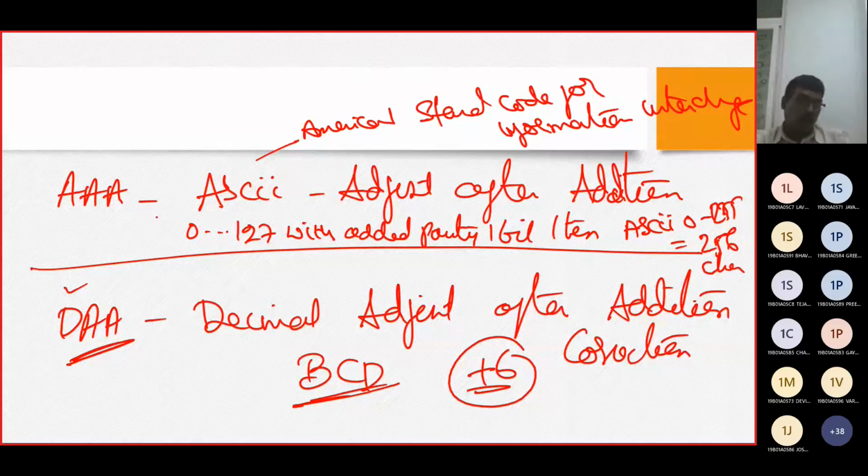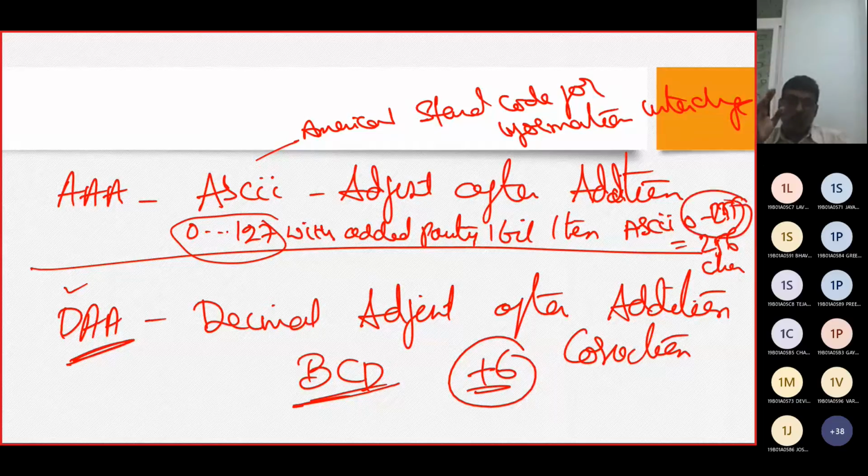So AAA, ASCII adjust after addition, is used to perform the addition on these ASCII numbers, and if there is an adjustment or correction to happen between these 0 to 127 numbers or 0 to 255 numbers.